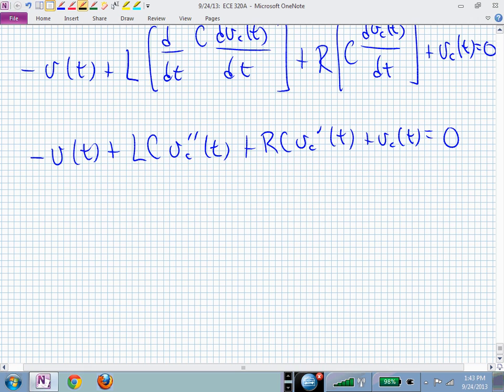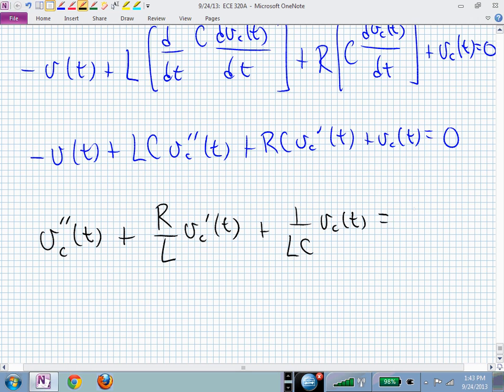Let me put the V on the other side, and I now have V sub C double prime plus R over L V sub C prime plus 1 over LC V sub C of t equaling 1 over LC V of t.